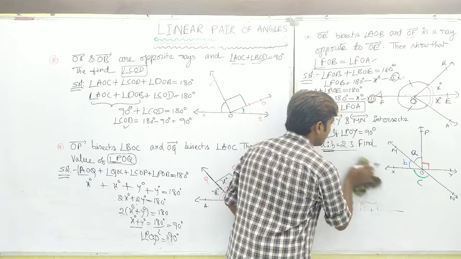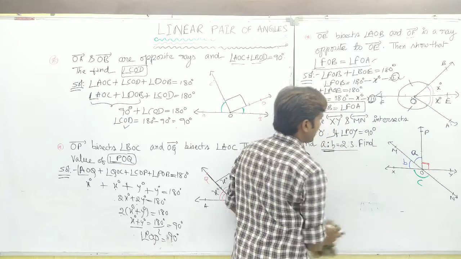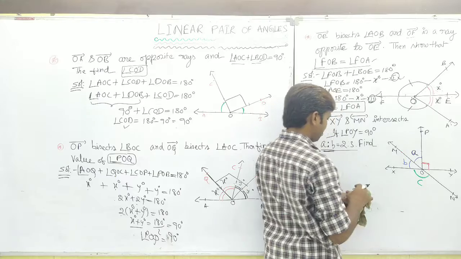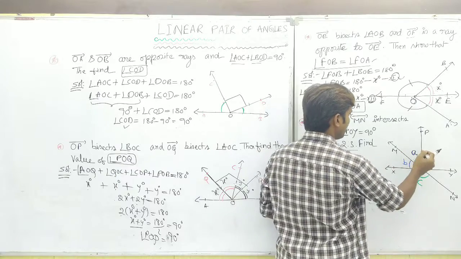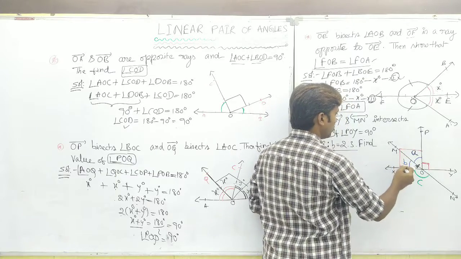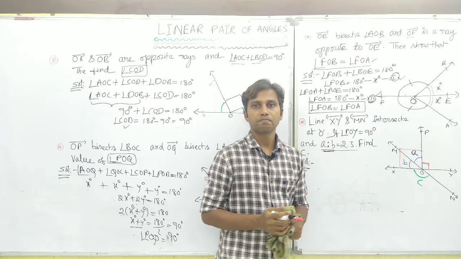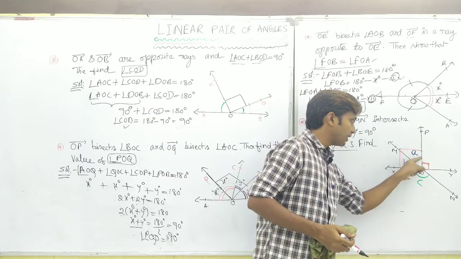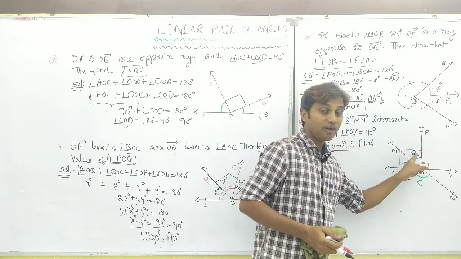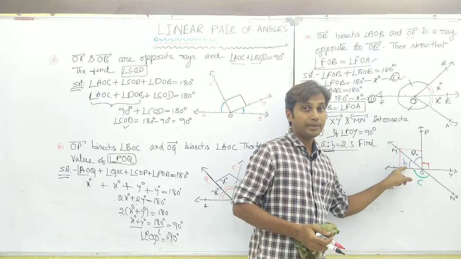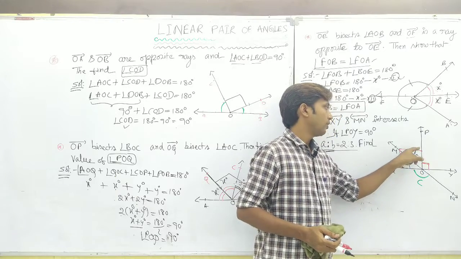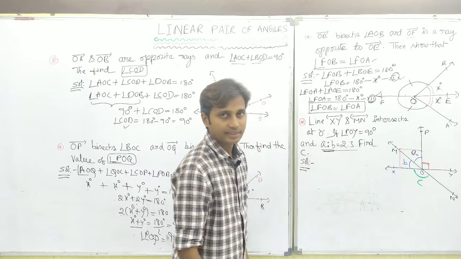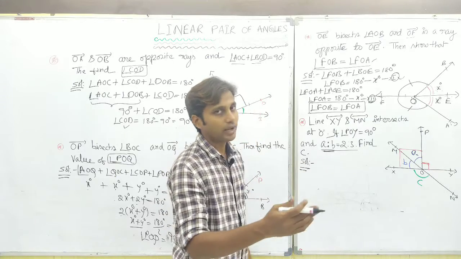So angle XOP also is 90, or not? Let me show here in the diagram. This is also 90 degrees, means this total angle is also equal to 90 degrees. Means the sum of the angles A and B is also 90 degrees. Got it?